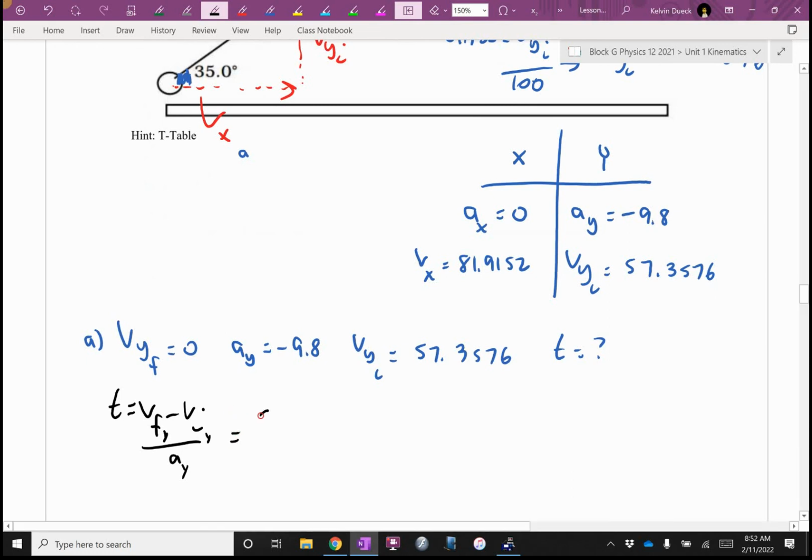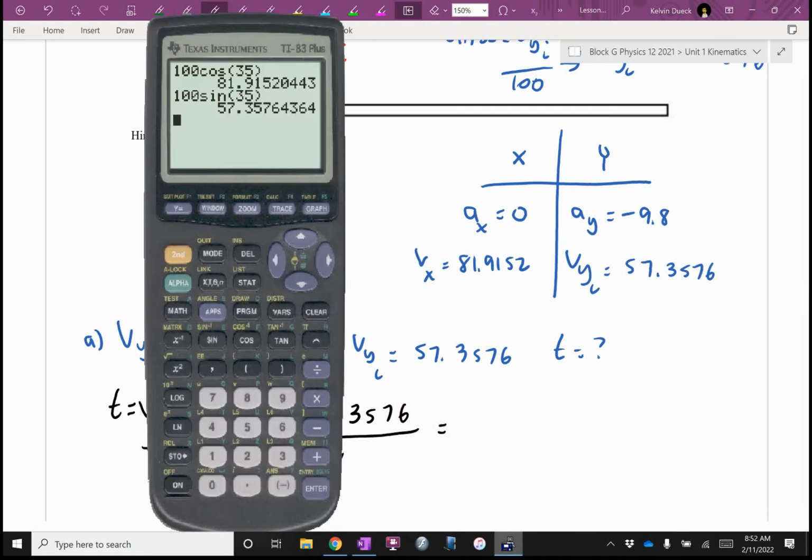It's going to be 0 minus 57.3576 all over negative 9.8. 0 minus, I'm going to use my answer button because I happen to have that 57 sitting on my screen.